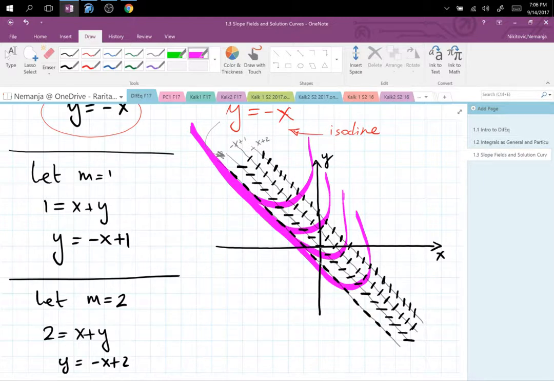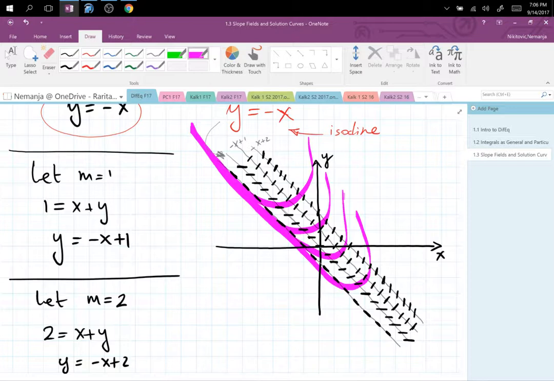That's what the plus C does, right? But only one of these will go through the initial condition, and the initial condition is the point somewhere over here. So if I had to come up with a particular solution, then we have this.